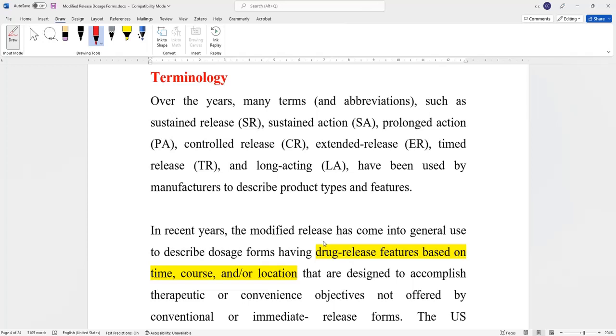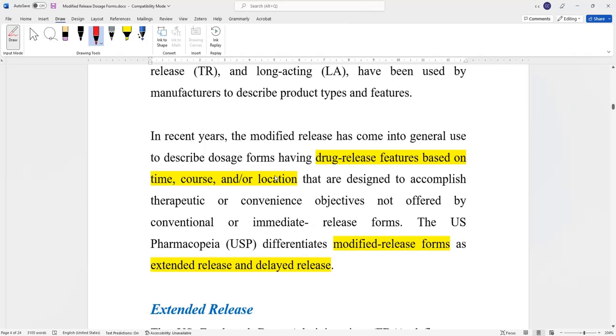For example, you might say sustained release, sustained action, prolonged action, controlled release, extended release, time release, long acting. And all of these terms have been used to describe drug products with certain features.